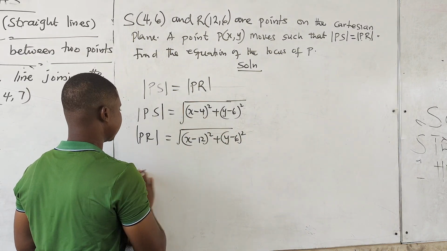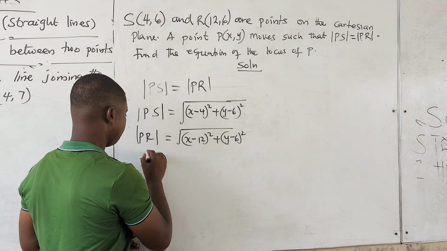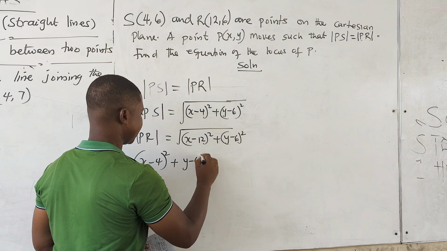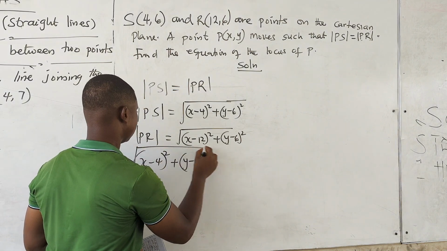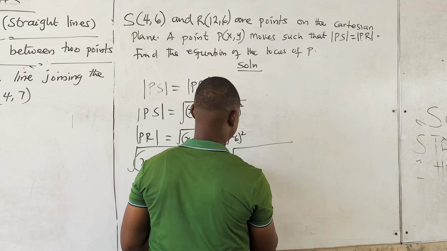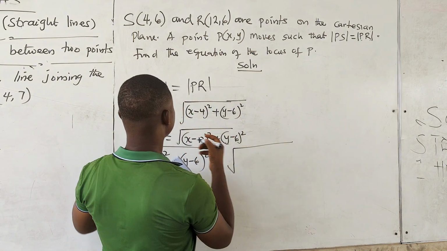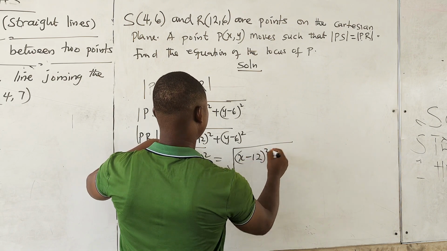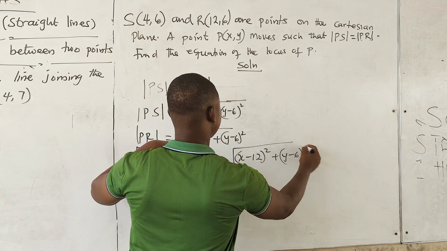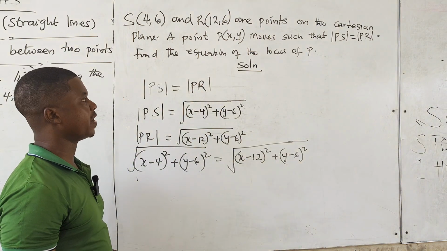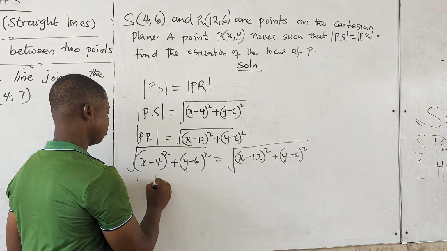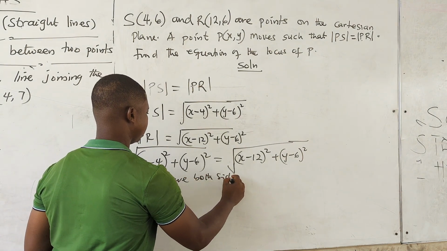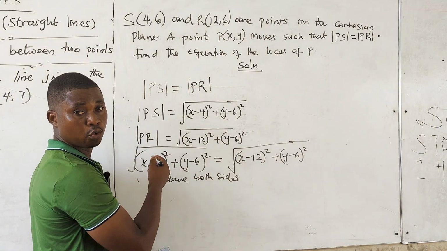So the square root of (x minus 4) squared plus (y minus 6) squared is equal to the square root of (x minus 12) all squared plus (y minus 6) all squared. Having that, the first thing you have to do is square both sides. When you square both sides, the square root will go, canceling both square roots.